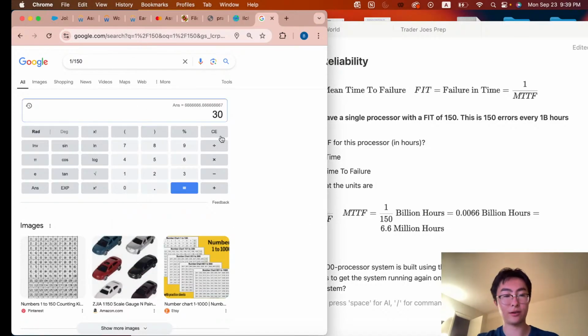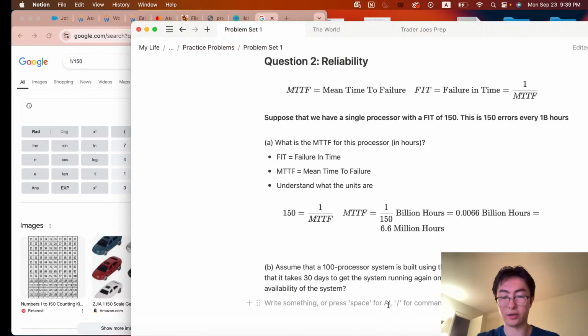The repair time is 30 times 24, which is 720 hours, plus 6.6 million. It's still pretty much 6.6 million, so the ratio is pretty much 1.